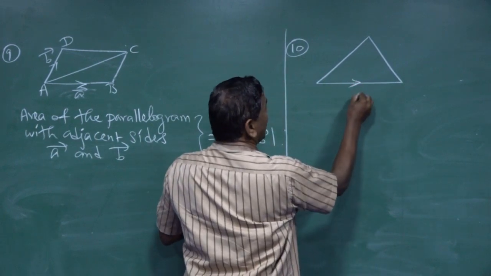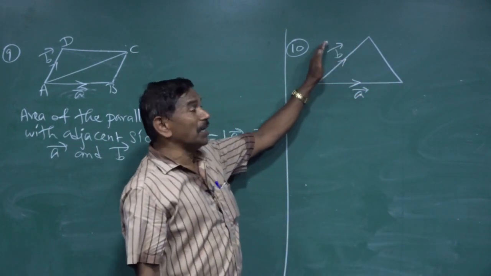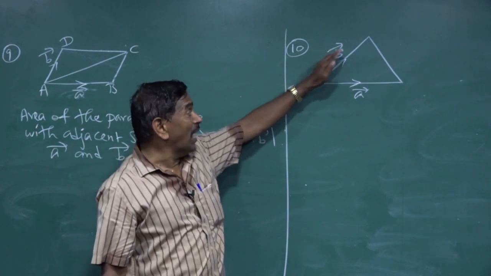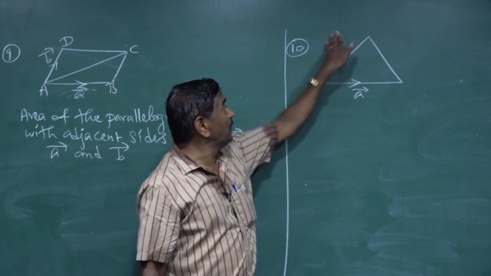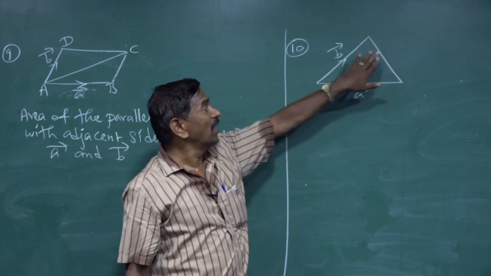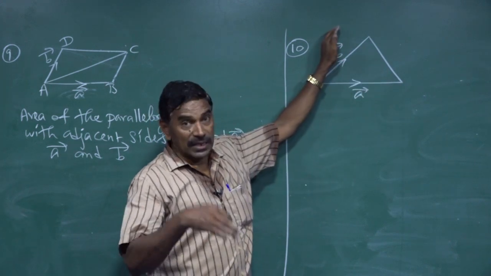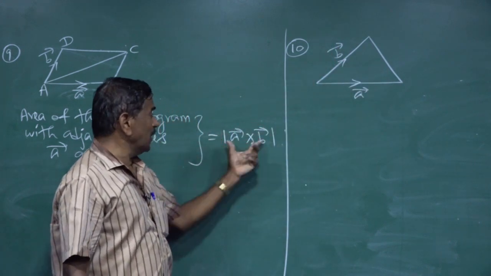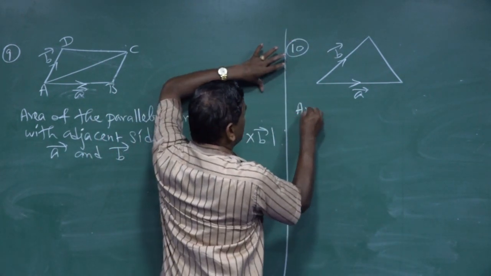Here, let A vector and B vector be the adjacent sides of the triangle. Then, area of the triangle with adjacent sides A vector and B vector is equal to half into modulus A cross B. That's all.